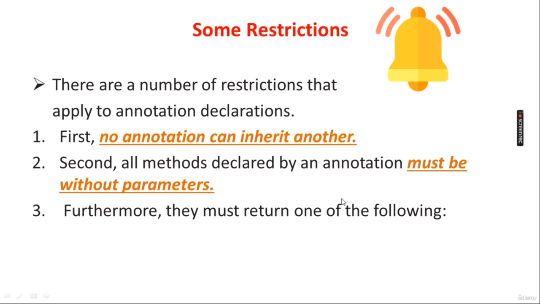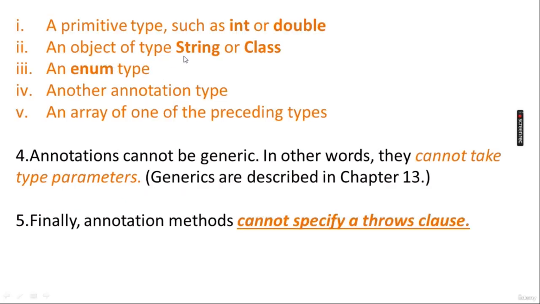All methods declared by an annotation must be without parameters. Annotations may or may not have parameters, but still the methods must be without parameters. Only opening and closing parentheses will be there, and they must return one of the following. It must return a primitive type like int or double, or it can return an object of type String or Class, or it can return an enum type.